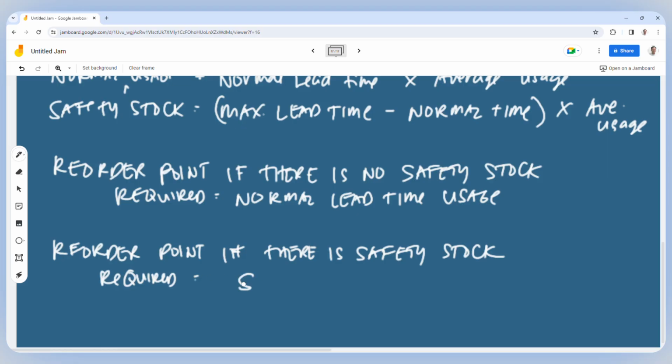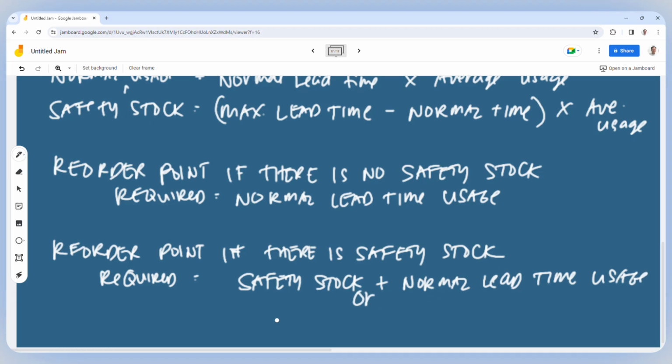So, class, the formula here is that safety stock, tandaan na, safety stock plus your normal lead time usage, or maximum lead time, alright, just multiply it by the average usage.